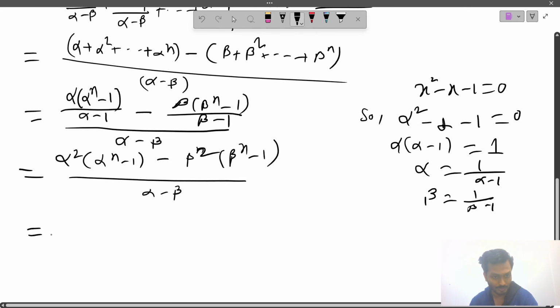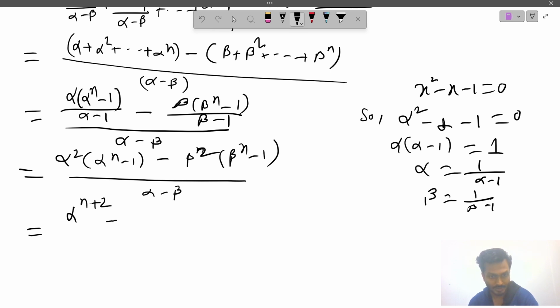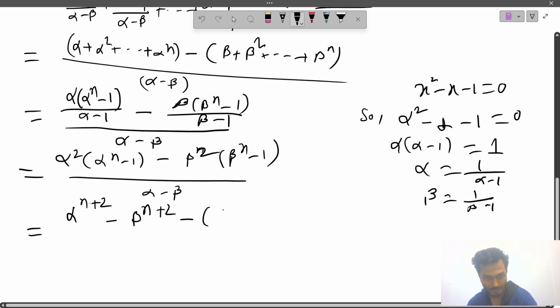So this is equal to alpha to the power n plus 2 minus beta to the power n plus 2, minus, if we take common, alpha square minus beta square, divided by alpha minus beta.